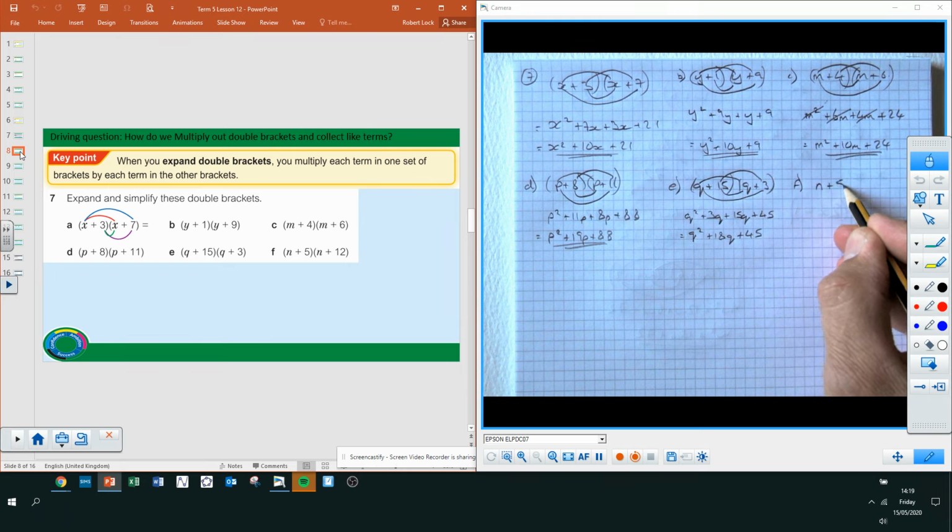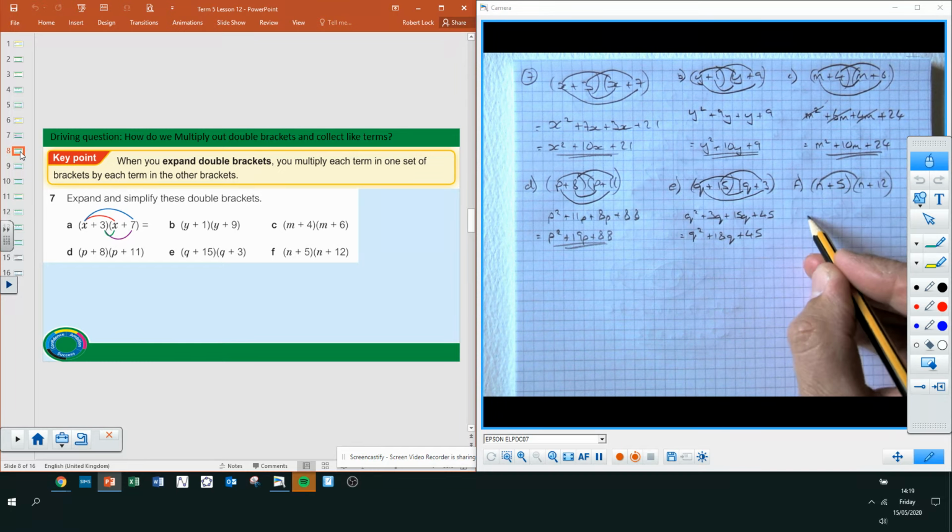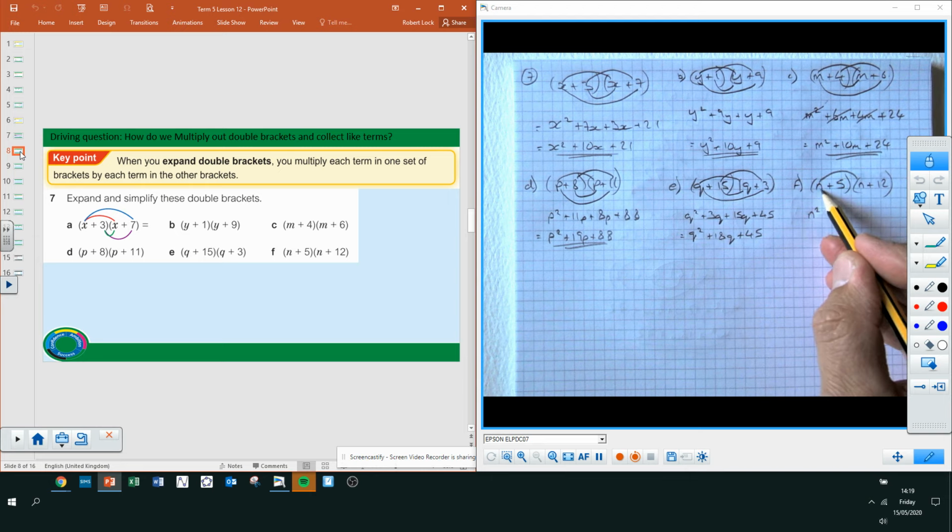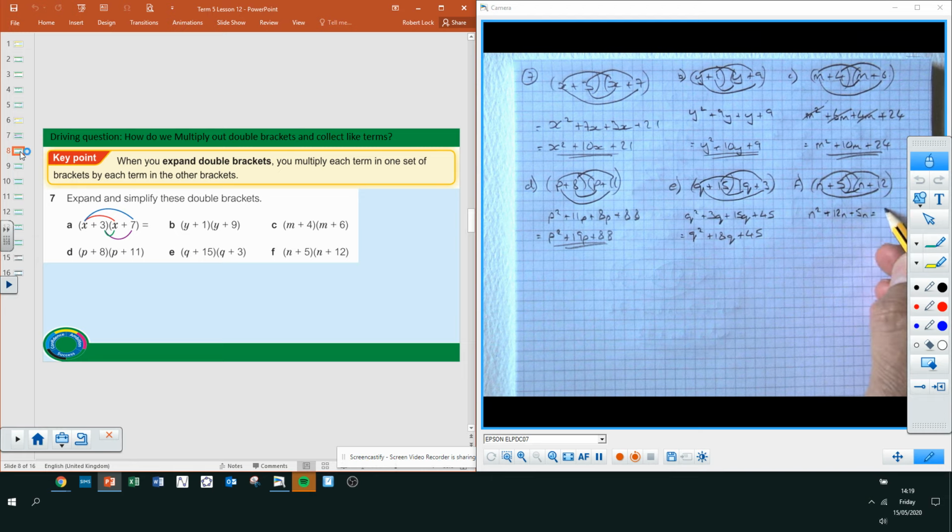N plus 5, n plus 12. N times n, n squared. N times plus 12 is plus 12n. Plus 5 times plus n is plus 5n, because times in. And 5 times 12 equals 60.